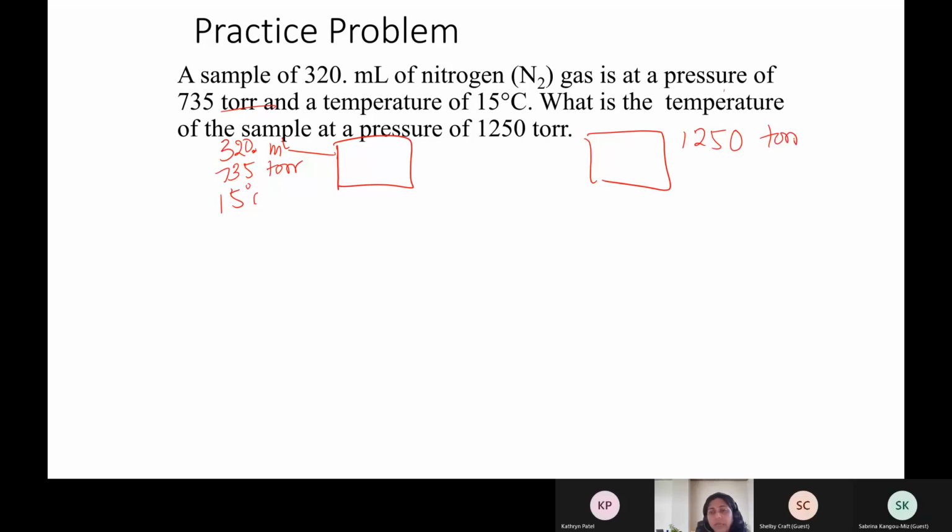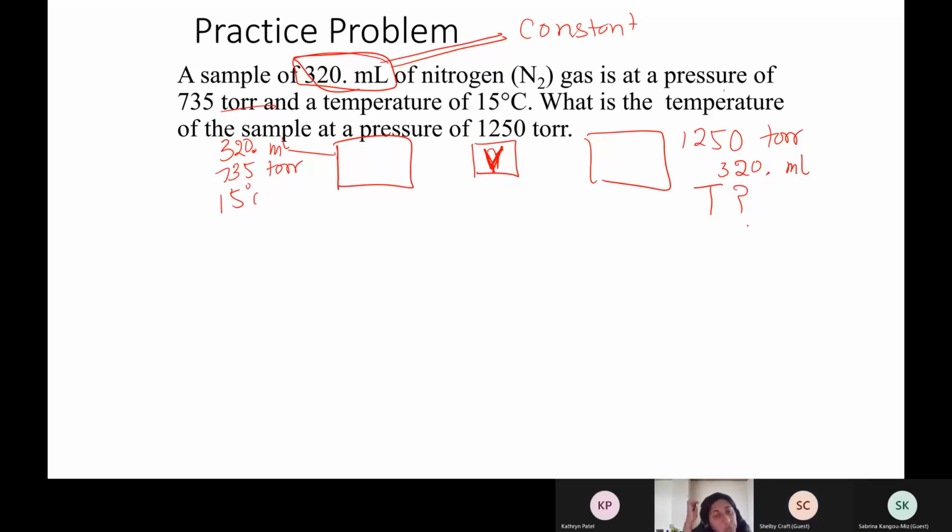1250 torr? Does it say anything about the volume? No. So what should we assume? If it doesn't say anything about the volume, then you need to assume that volume is kept constant. So volume is a constant. We have the same volume, and we are looking for the new temperature.